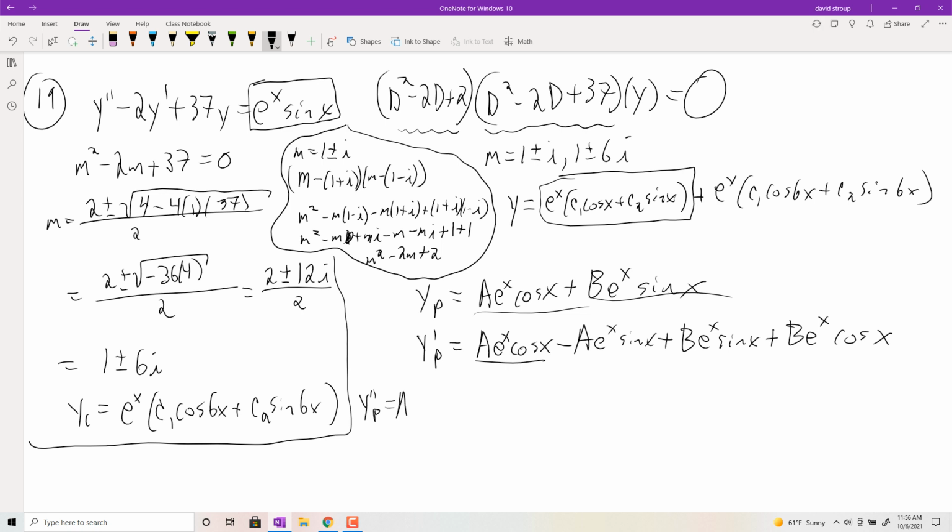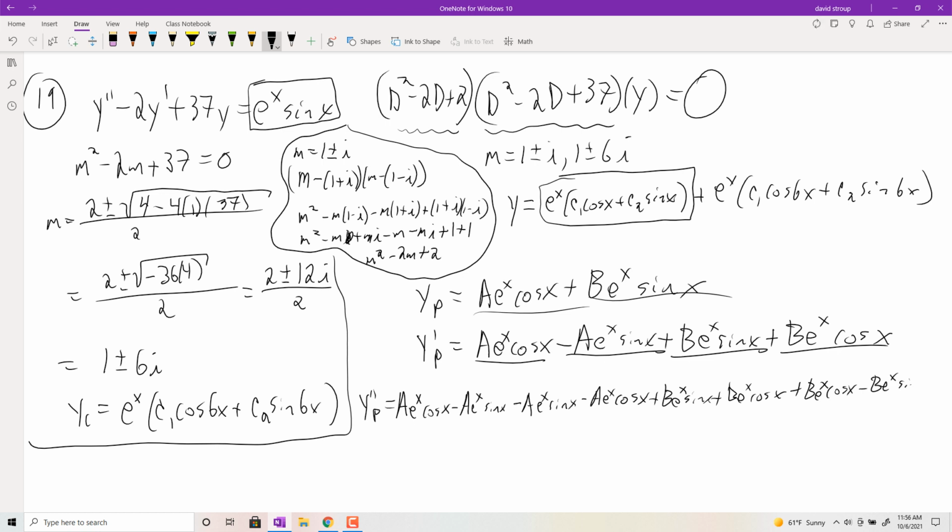Taking the derivative of e to the x first, I have a e to the x cosine x, and then minus a e to the x sine x, and then the derivative of this, e to the x first, so minus a e to the x sine x, take the derivative of sine x, so minus a e to the x cosine x, plus the derivative of this, b e to the x first, sine x, plus b e to the x cosine x, and the derivative of that, plus b e to the x, derivative of e to the x first, cosine x, minus b e to the x sine x, and you hope you can simplify that, probably not, maybe.